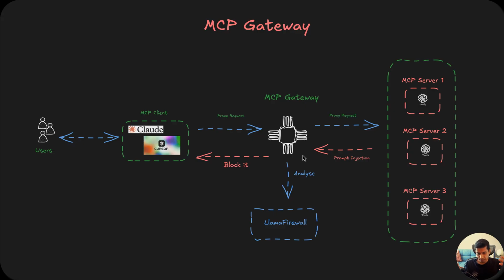So a gateway is a great solution to have your guardrails and apply controls on. Let's look at a practical example by implementing a gateway, and things will become much clearer.